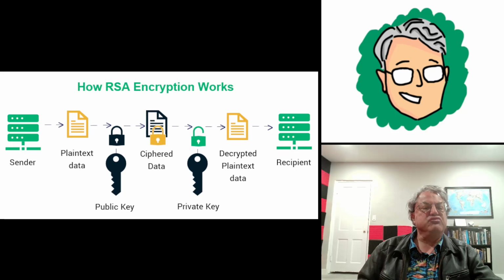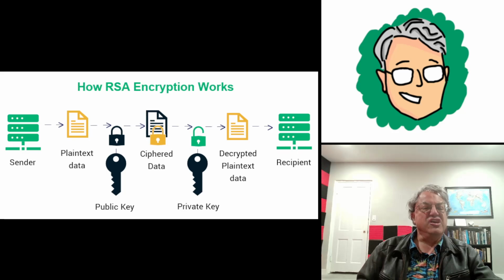There's a public key and a private key, and so you have a sender and you have a recipient. I usually call them Alice and Bob. The sender starts with plain text data, then encrypts it with a public key. Then you have ciphered text, but then Bob has a private key he can use to decrypt the plain text, and then he can decode the message in such a way that no eavesdropper can decode it.